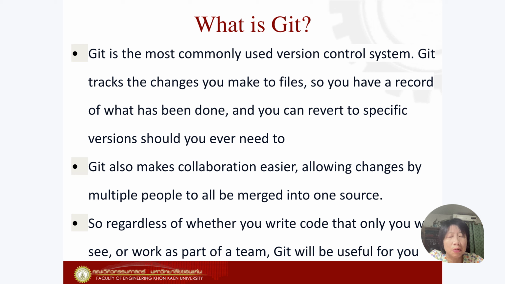But if you use Git, then the process of merge many files that are edited by many people into one source, that will be much easier. So regardless of whether you write code that only you see or work as a part of a team, it will be useful for you.